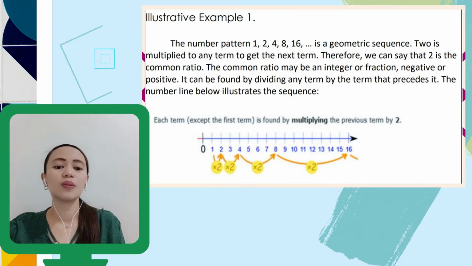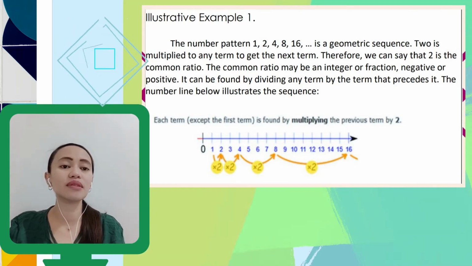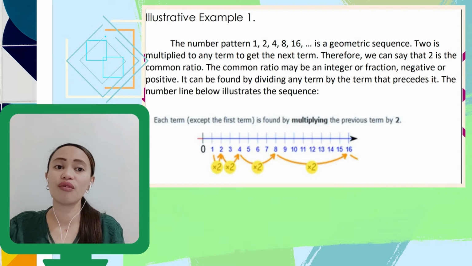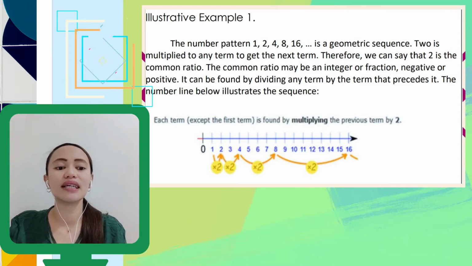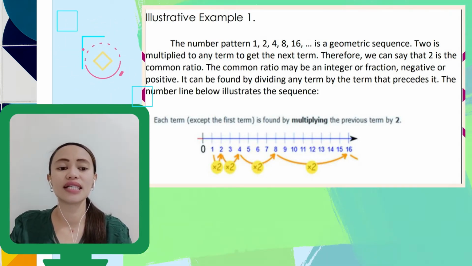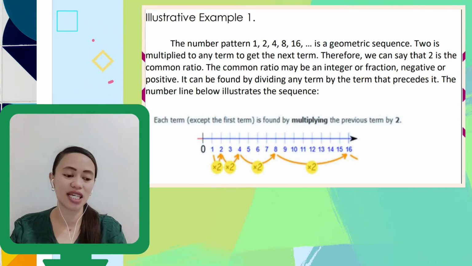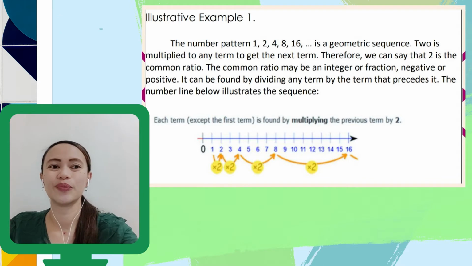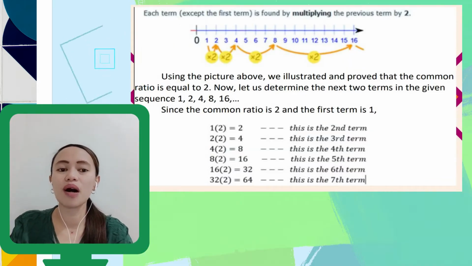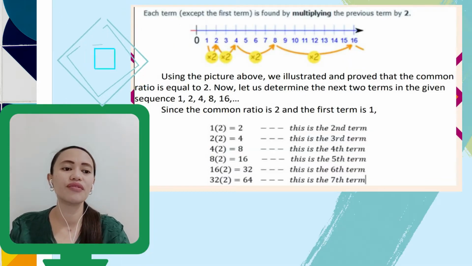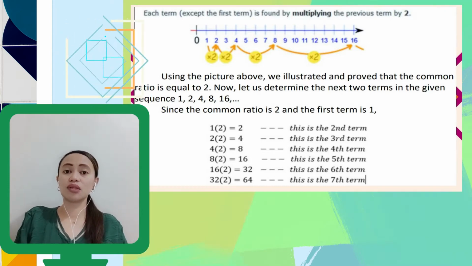So we have 1 times 2 is 2, 2 times 2 is 4, 4 times 2 is 8, 8 times 2 is 16. If we're going to have the next term, 16 times 2, which is 32. So using the picture above, we illustrated and proved that the common ratio is equal to 2.